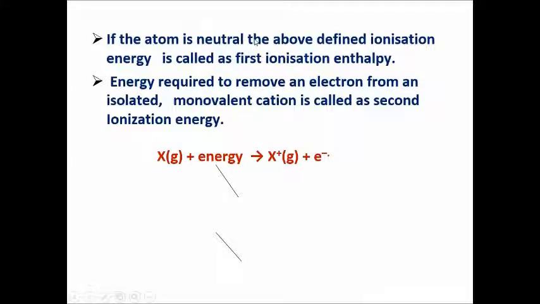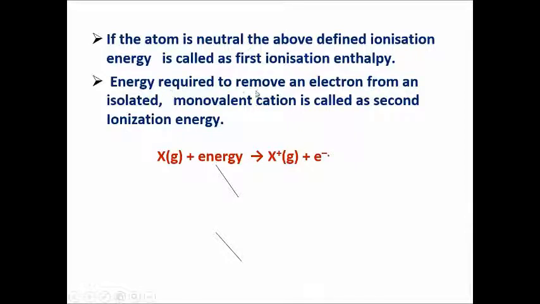The example is here: X is a neutral atom, plus the energy required to remove an electron is said to be the first ionization enthalpy. When you remove one electron from the neutral atom, what happens? It becomes X plus, plus one electron. So this energy is termed as first ionization enthalpy.